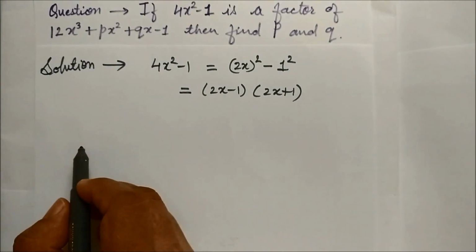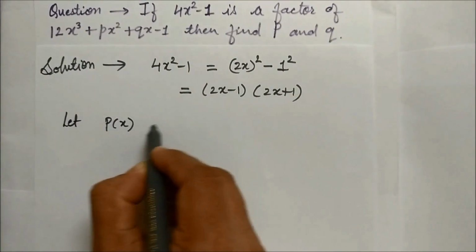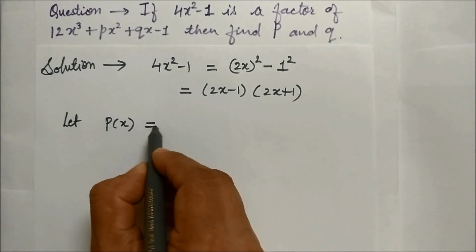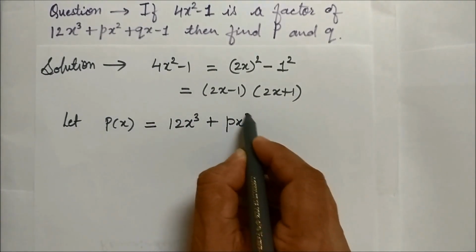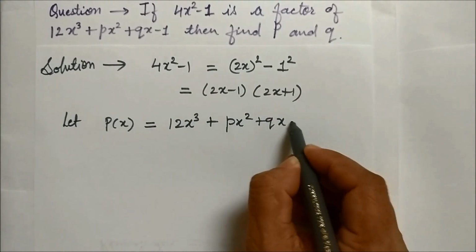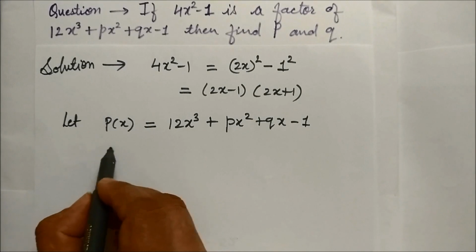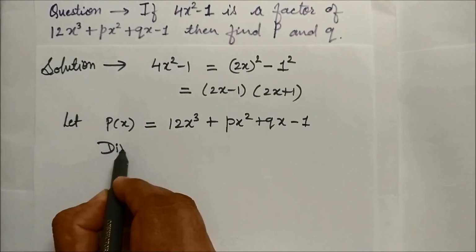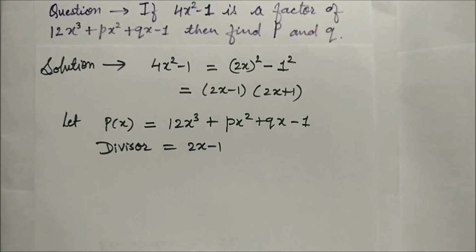So first we write here the name of the polynomial. Let px be the polynomial, and it is equal to 12x cube plus px square plus qx minus 1. First we are taking here divisor 2x minus 1, and we will use the factor theorem.